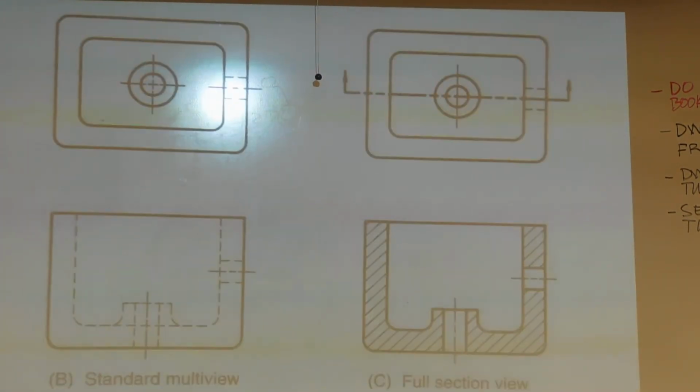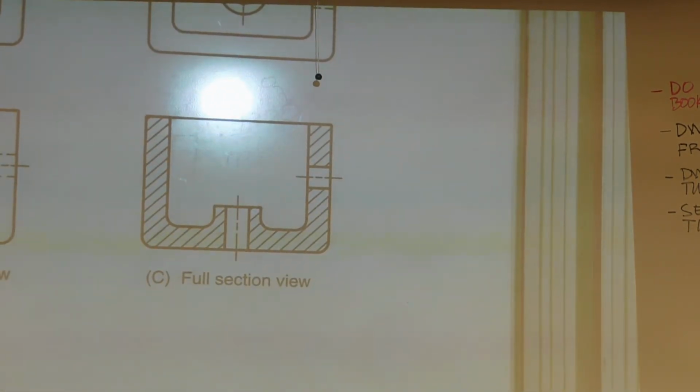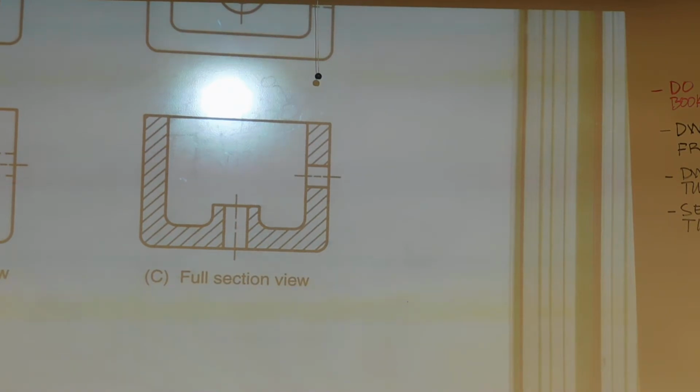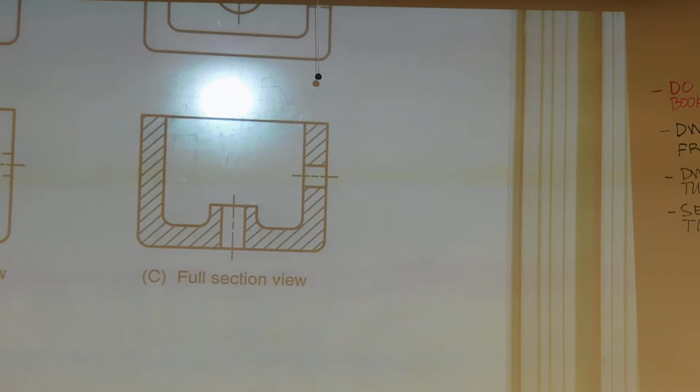I'm going to jump across the page to 773 and look at just this section view right here. How many pieces do I have in this? How many pieces make up this drawing? One. Okay, 1. Declan, you raised your hand as 1. How do you know that? I said 2, so I don't know. Oh, you said 2.